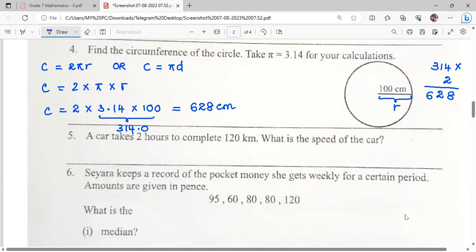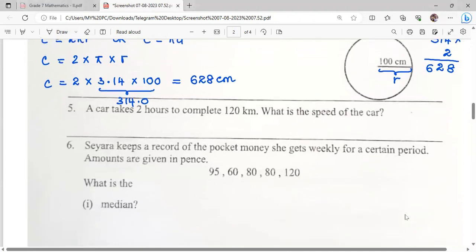This is the final answer. First, multiplying 3.14 by 100 gives me 314. The 314 I multiply by 2, it gives me 628 centimeters. So that is the circumference.